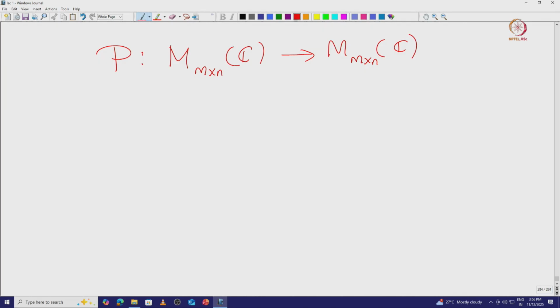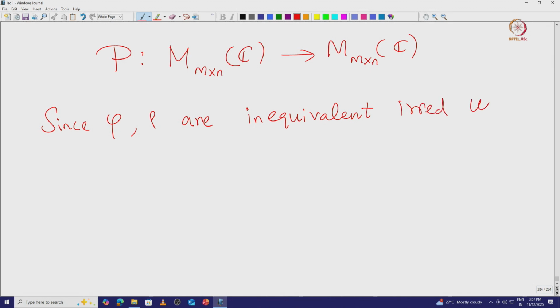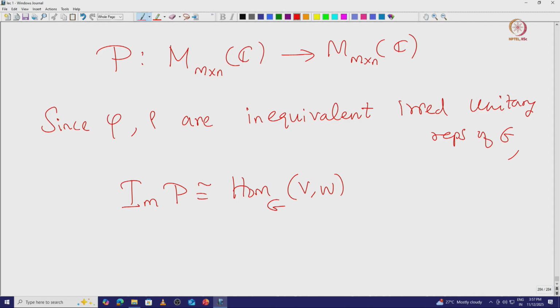Now, since we have assumed that both phi and rho are irreducible representations, they are assumed to be inequivalent irreducible unitary representations of G. Because of this we can see that the image of this P, which is nothing but the Hom space between V and W, is going to be 0.